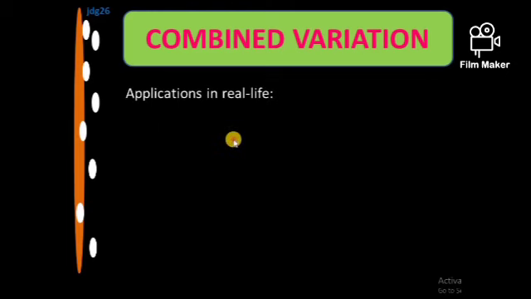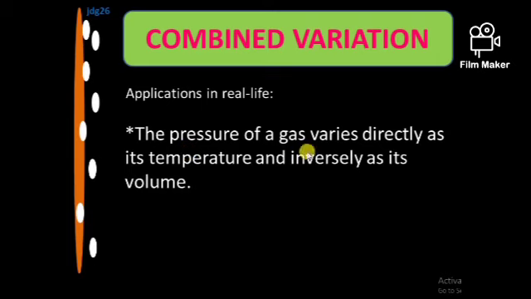So, let's have some applications in real life. The pressure of a gas varies directly as its temperature and inversely as its volume. So, tingnan natin yung ating mga clue words. Varies directly, meron. And then, hindi nagtapos dyan, meron din tayong word na inversely. So, it means dalawang variation ang pinagsama. So, ibig sabihin ito ay under combined variation.